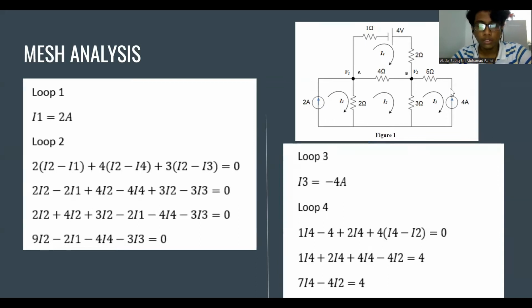For loop 3, the value is negative 4 amperes because the direction of the 4A source and the mesh rotation for I3 are not the same. For loop 4, we do the same thing as loop 2 and we get 7I4 minus 4I2 equals 4.